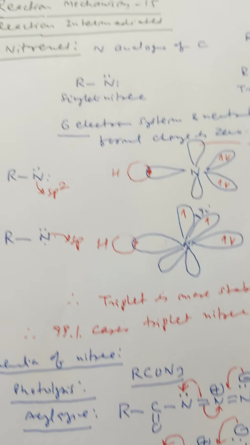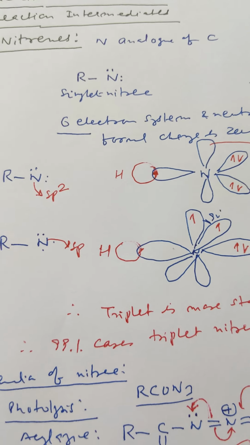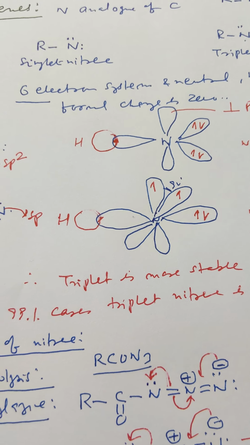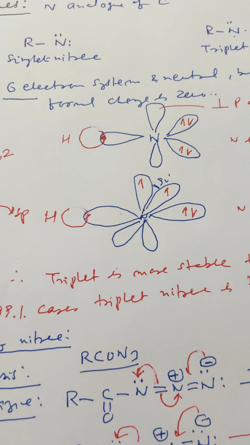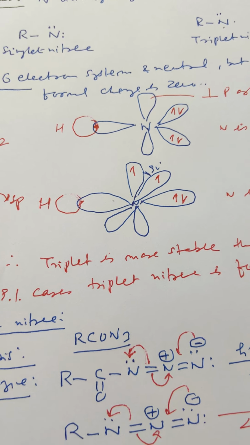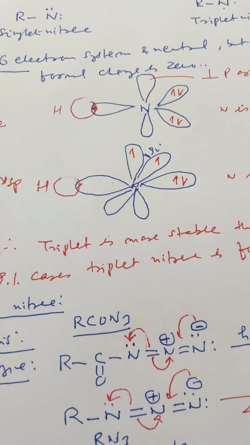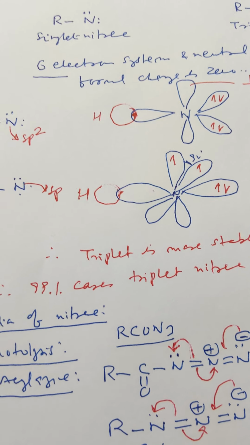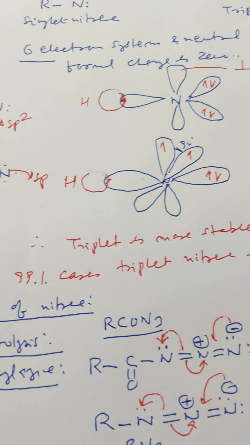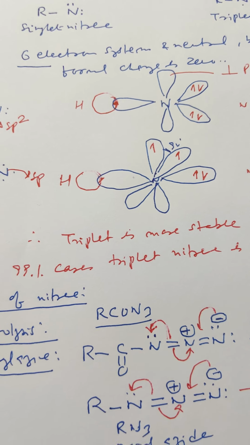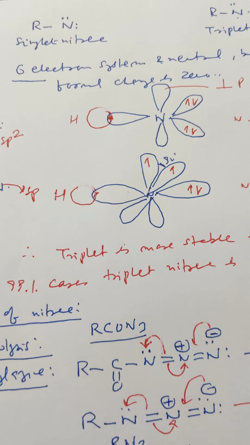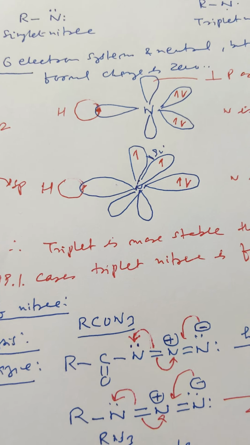An important thing about the reactions of nitrenes is that alkyl nitrenes readily undergo instant rearrangement, and they also give insertion reactions. They can also be inserted in multiple bonds to form cyclic compounds, aziridines, and like that.